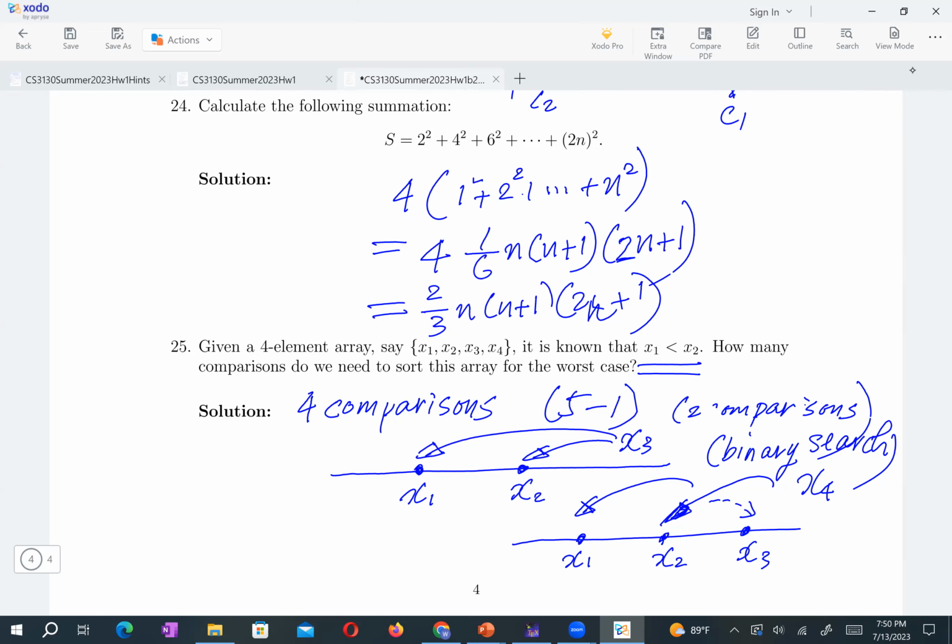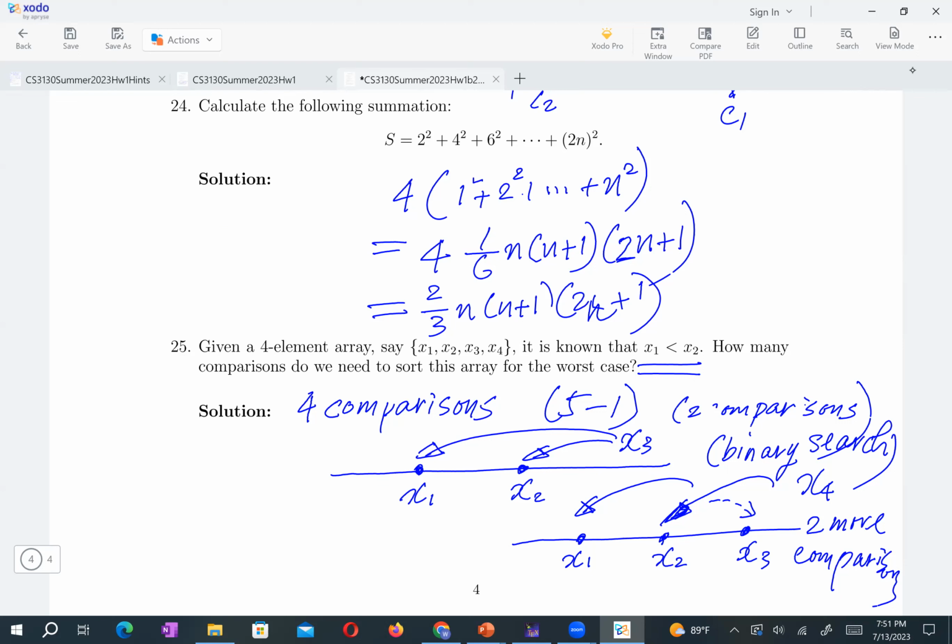Okay, yeah. So this tells you you need two more comparisons to get all the elements sorted. Yeah.